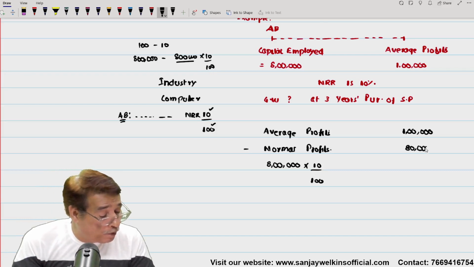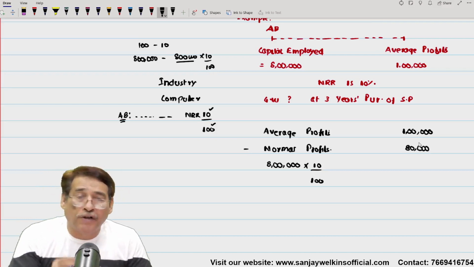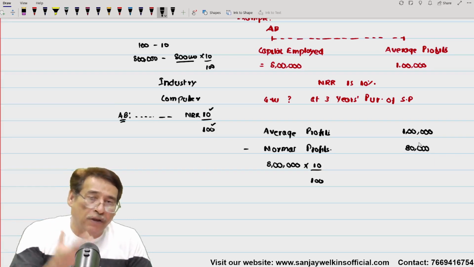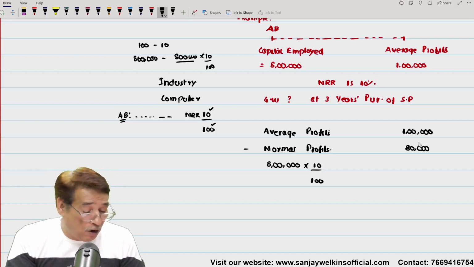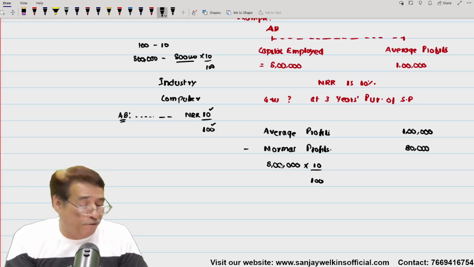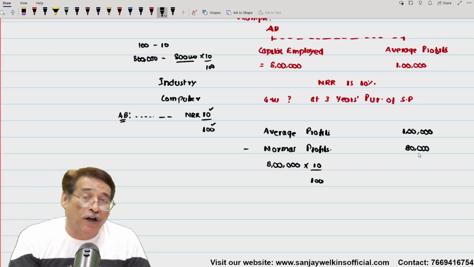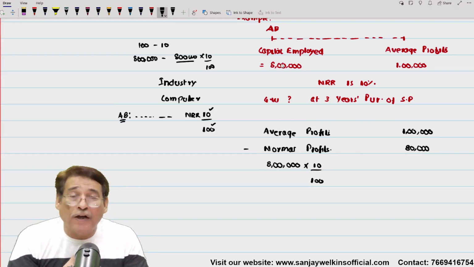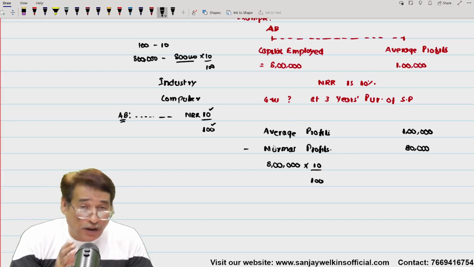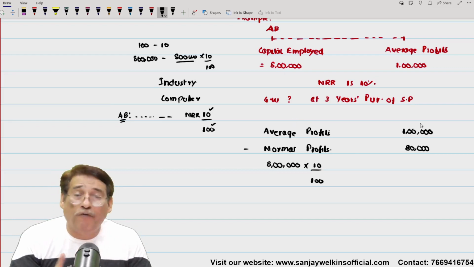What does normal profit suggest? It suggests that normally in this industry, on a capital of 8 lakh, the firms will earn a profit of 80,000. But on 8 lakh, because our capital employed is 8 lakh, we are earning a profit of 1 lakh.